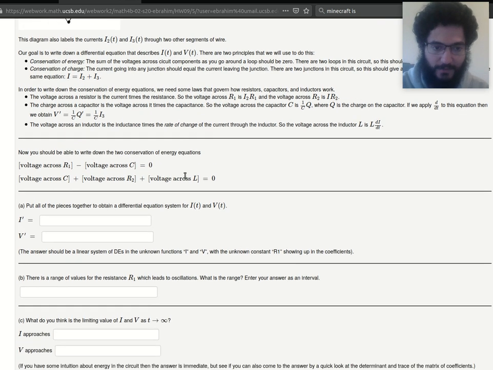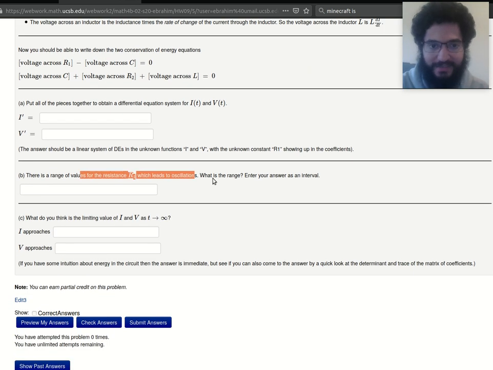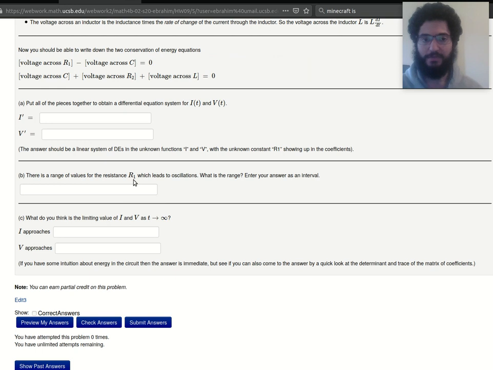Okay, and the fun parts are down here where you figure out, like, oh, if I set the resistor to below or above this value, then I can get oscillations or not get oscillations, and it's just cool to be able to figure these things out without actually having to go all the way down to a general solution, just being able to figure these things out by understanding the linear algebra.